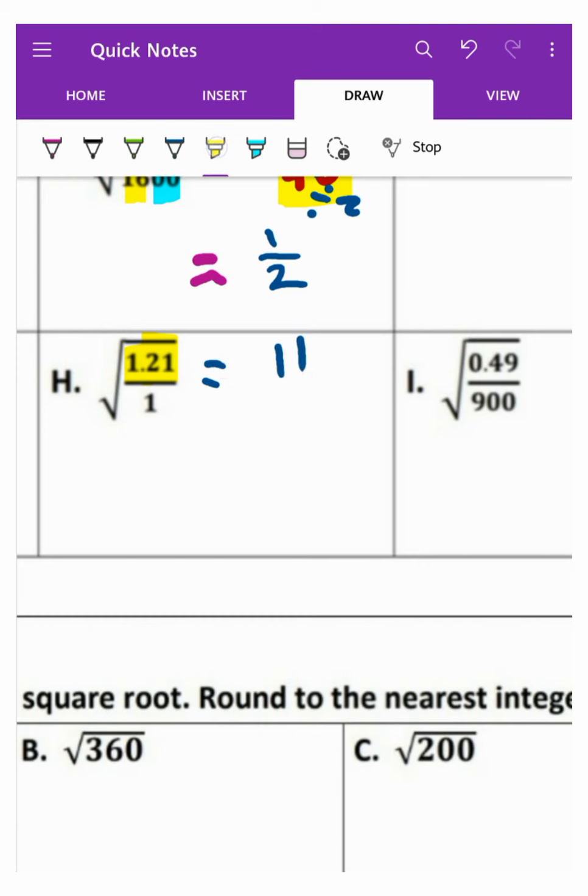And 1 here gives 1. But let us come back to 1.21. I need 2 digits after the decimal, so I need 1 digit after the decimal here. So the decimal point sits between 1 and 1. So it will be 1.1.